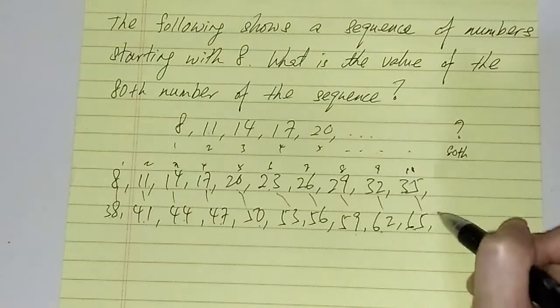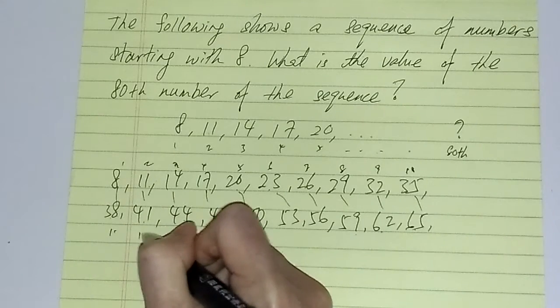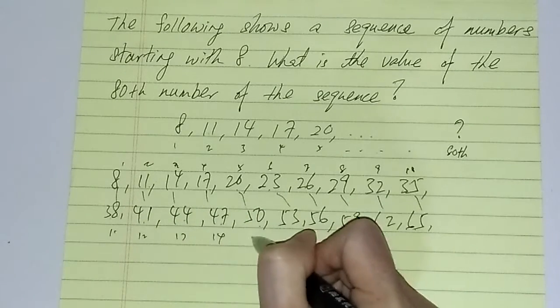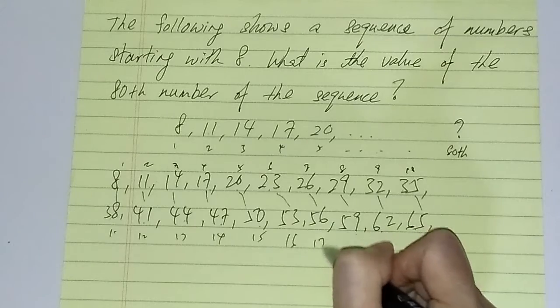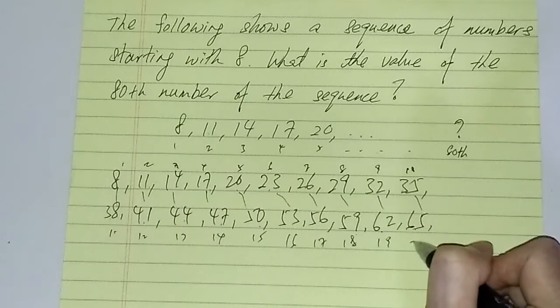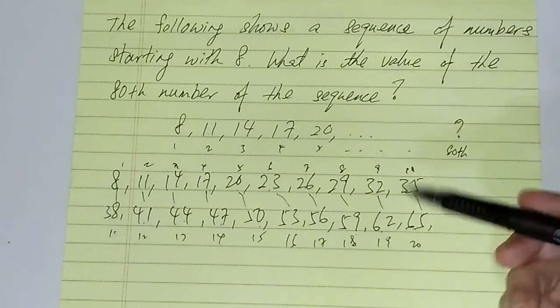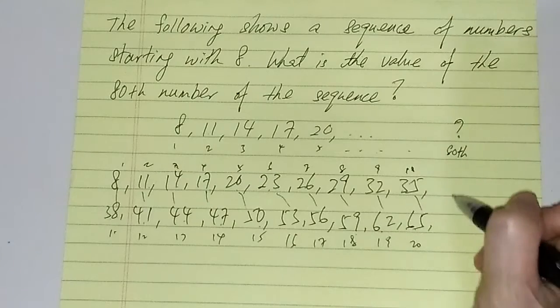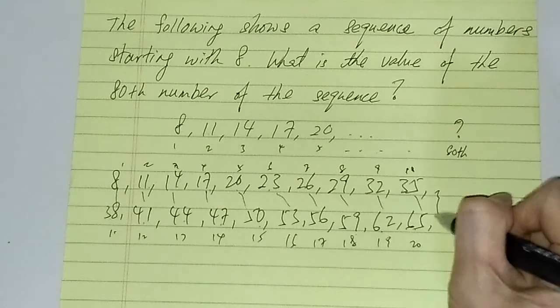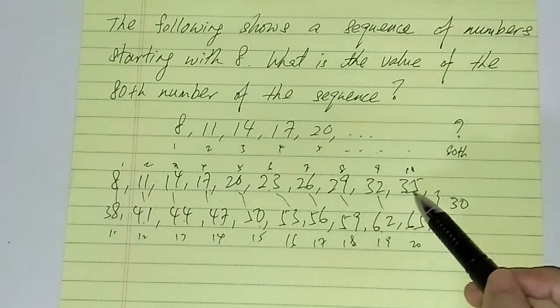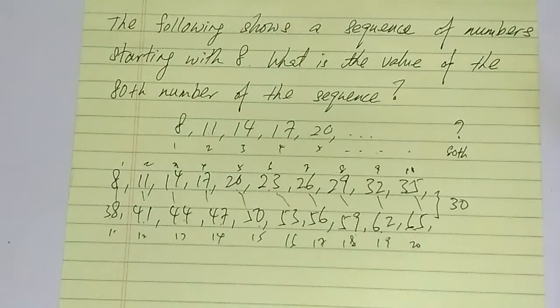So you can see this is number 11, 12, 13, 14, 15, 16, 17, 18, 19, 20. You see the difference between the two rows is 30. Okay, the difference is 30 because 35 plus 30 is 65.